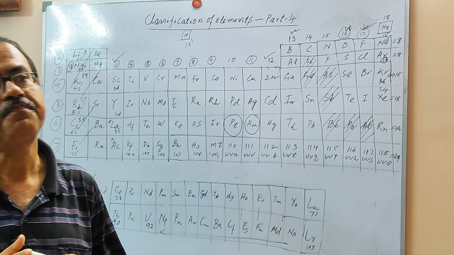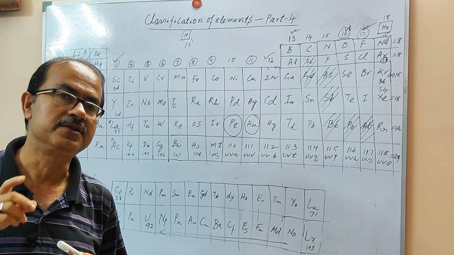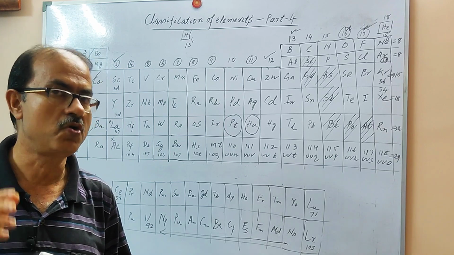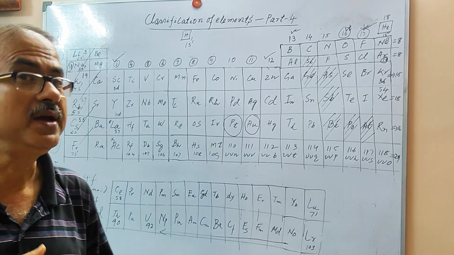So every period has a different number of elements; it is not uniform. The question arises why it is so.